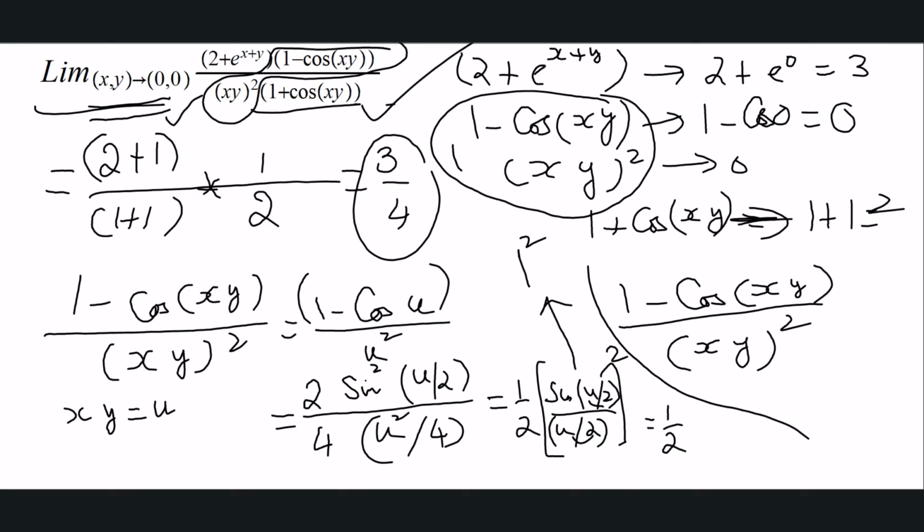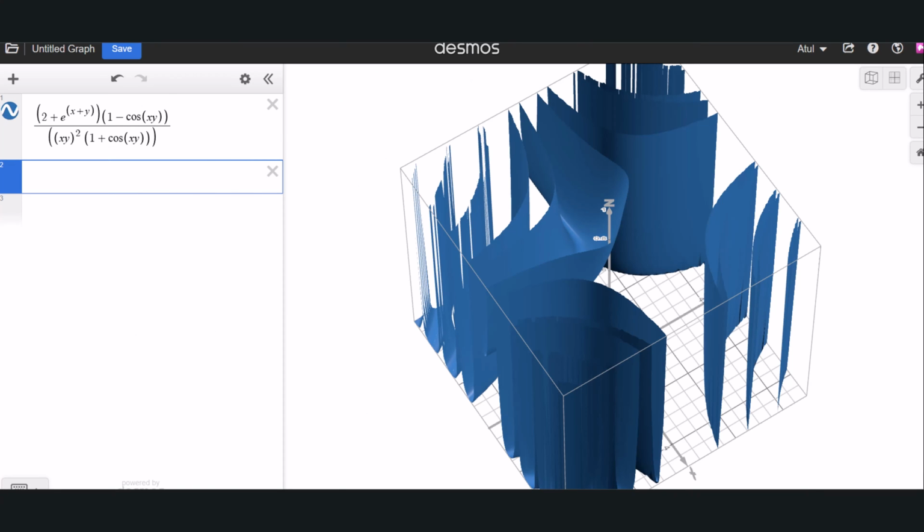All right. Now let us verify our result graphically. So here I went ahead and graphed our function. Okay. And if we look at this, then when xy is equal to 0, or we are along the x-axis or the y-axis, then the function is not defined.